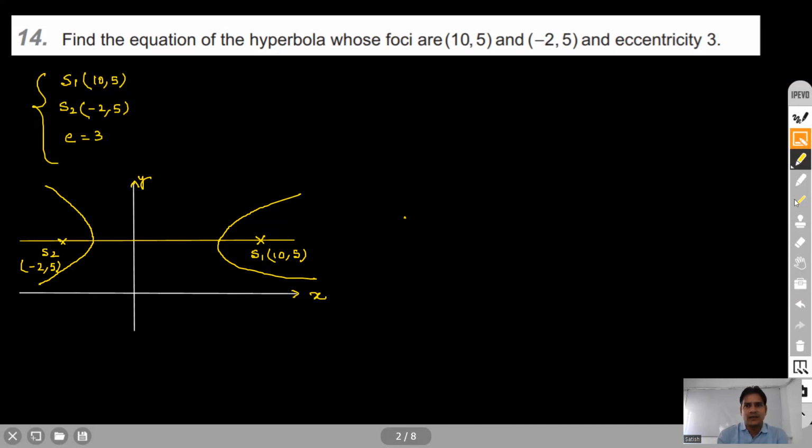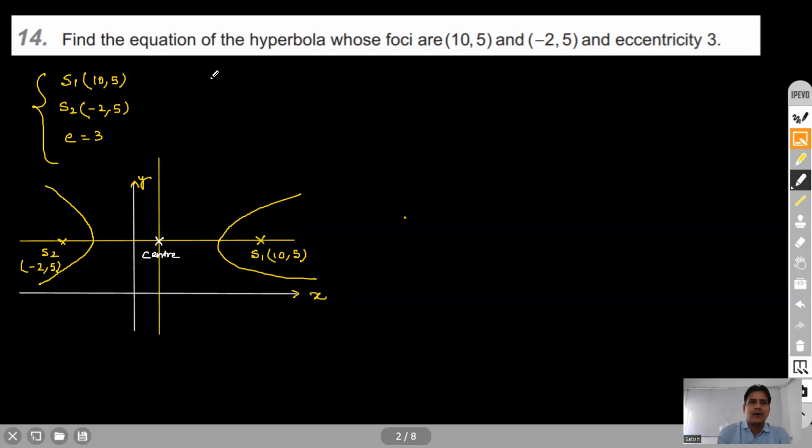And somewhere here will be the center, right? Here it will be the center of the ellipse. Sorry, again I am saying ellipse, center of the hyperbola. Okay, somewhere here. Now, if you observe our hyperbola, the transverse axis of this hyperbola is parallel to the x-axis, right?